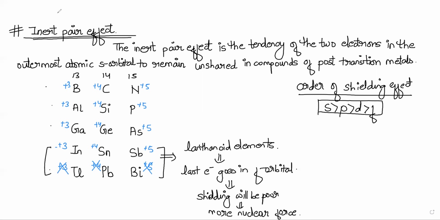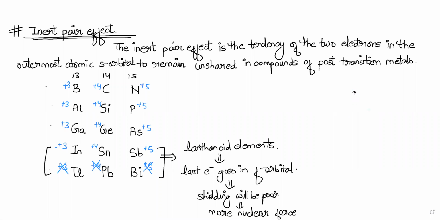Now let's see what will happen. This much we have understood. Let's take boron, where the valence electrons will be 2s2 2p1, and in case of thallium it will be 6s2 6p1, because it's of the sixth period.